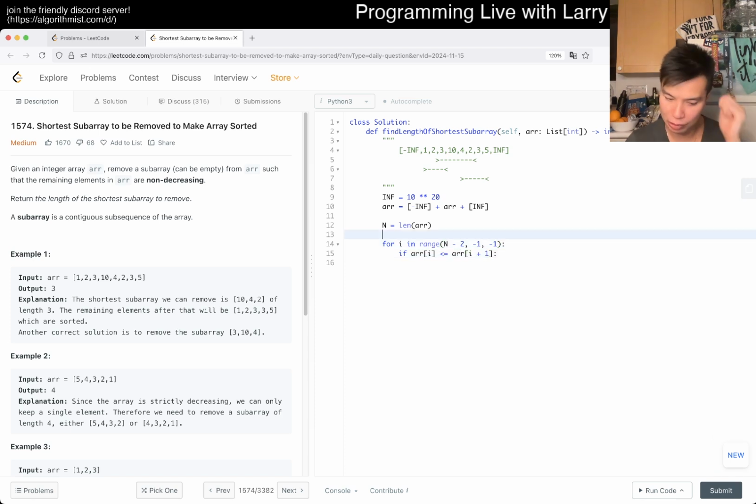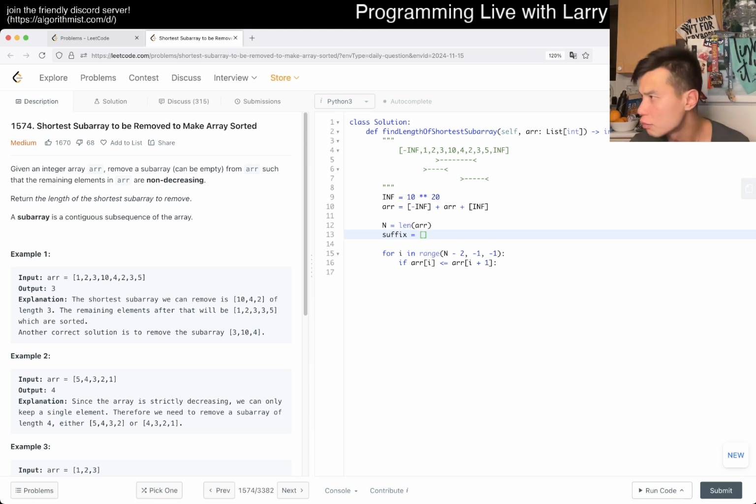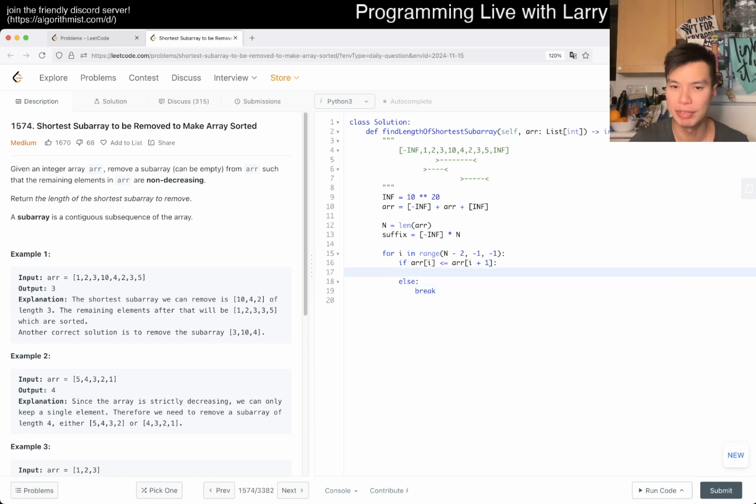Maybe I would call this the suffix. Maybe negative infinity times n. As soon as it ends we break, otherwise this is almost like a streak thing.